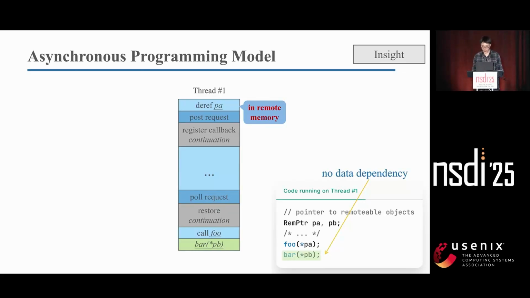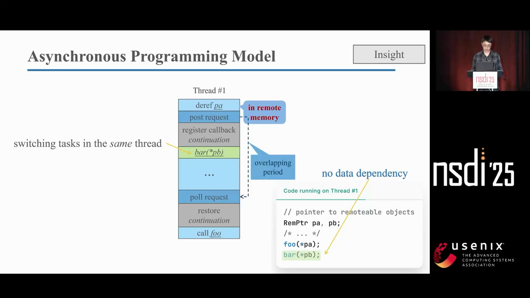However, if the calculations of foo and bar have no data dependency, we can move the computation of bar forward to overlap the network transmission, like this. So can we automatically generate such high-performance asynchronous execution code?